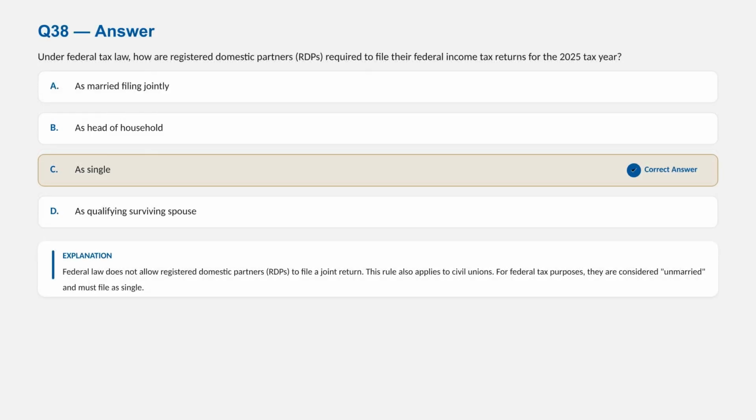The correct answer is C, as single. Federal law does not allow registered domestic partners (RDPs) to file a joint return. This rule also applies to civil unions. For federal tax purposes, they are considered unmarried and must file as single. Great, now let's move to our next question.